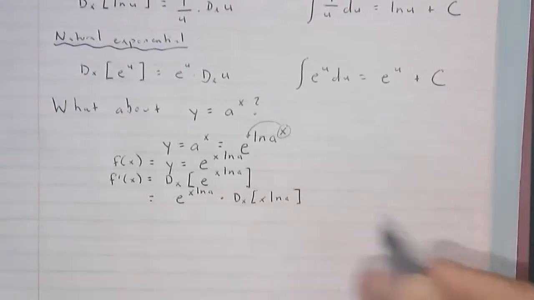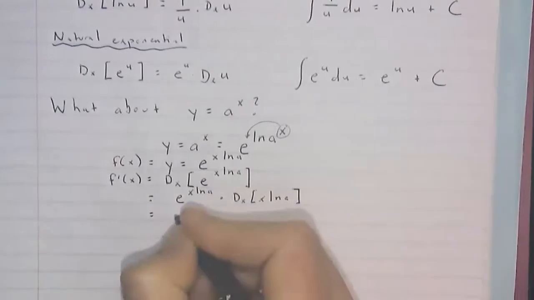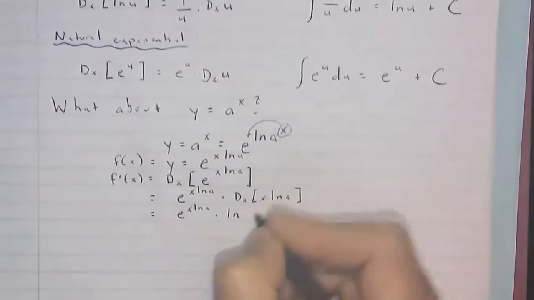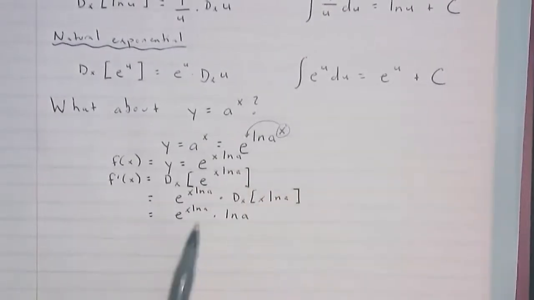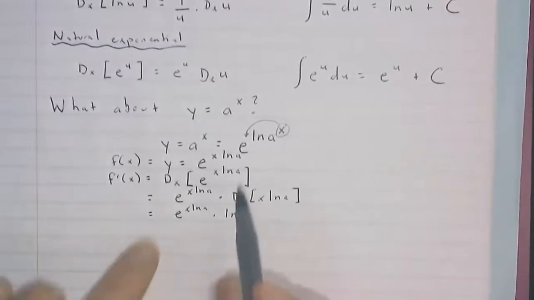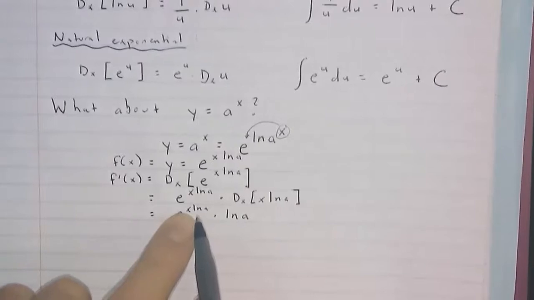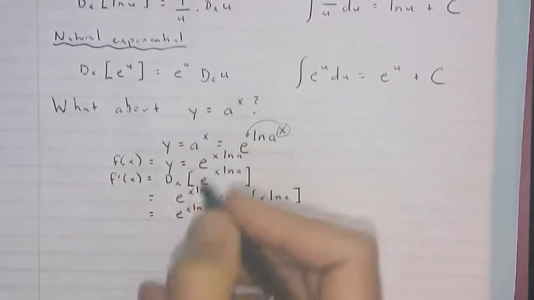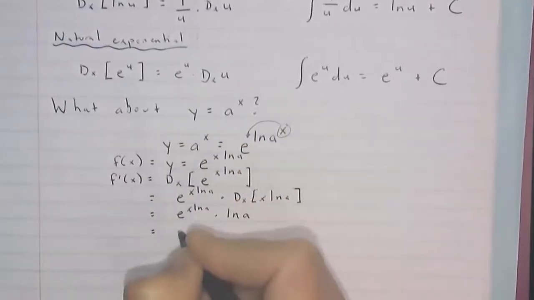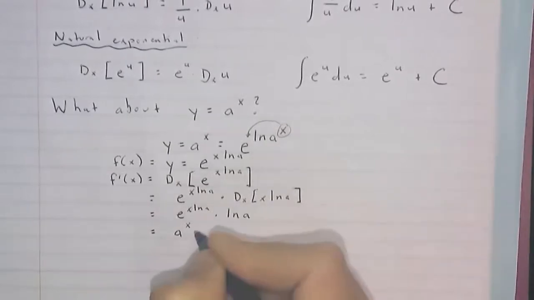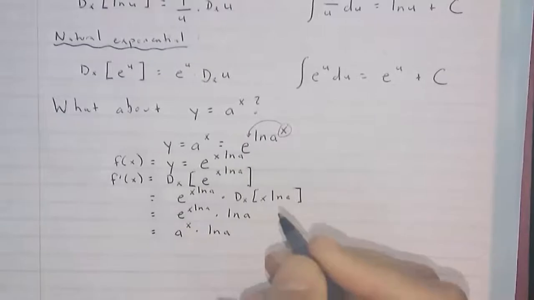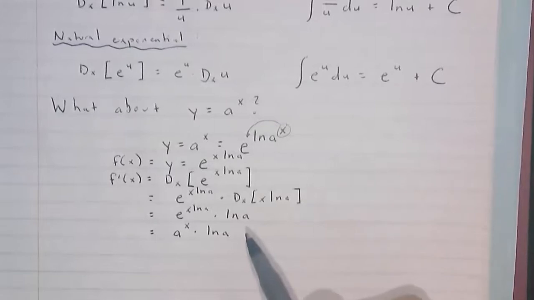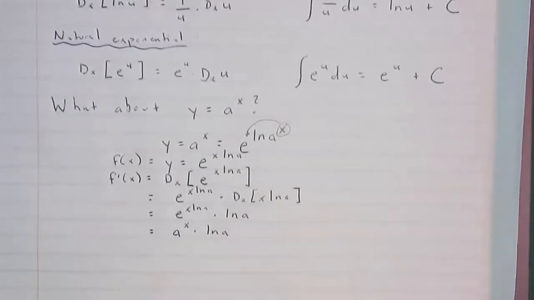Ln of a. So this turns into e to the x times the ln of a times the ln of a. But then in some real trickeration, let's not forget what e to the x times ln of a is. A to the x. And so the derivative of a to the x is a to the x times the ln of a. A little bit peculiar, but we're okay with it.